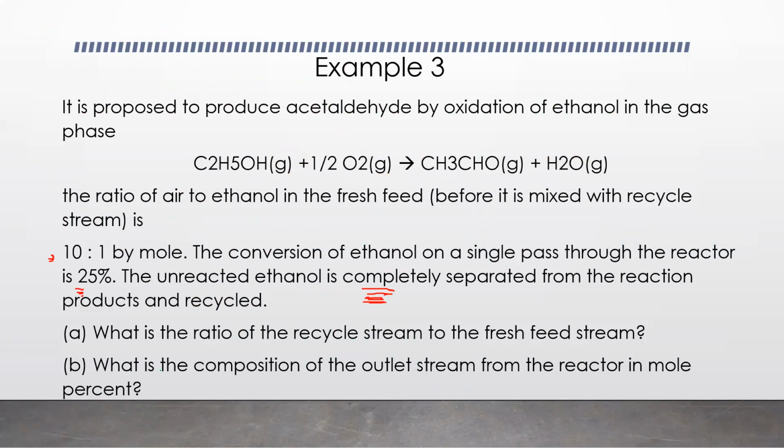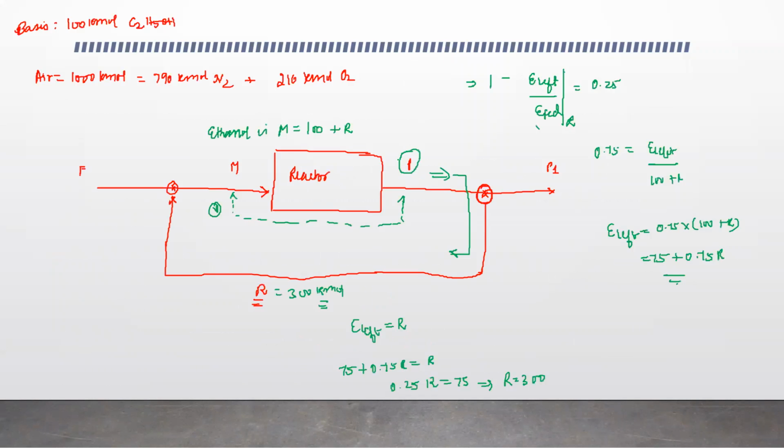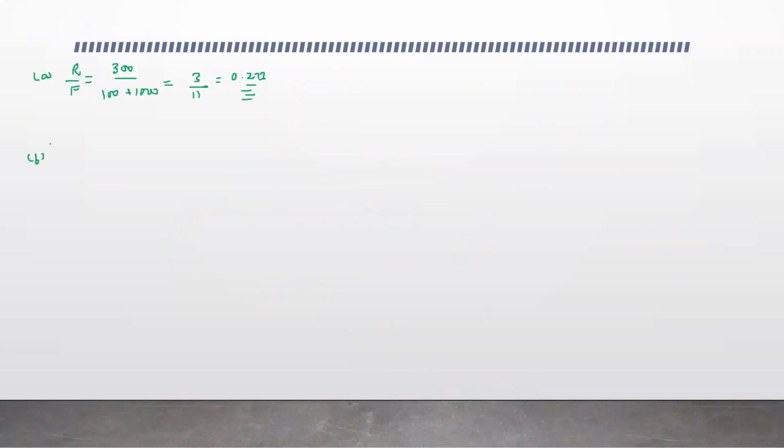Then in the B part, they have asked what is the composition of the outlet stream from the reactor. That means we have to find the composition of P. Since we have R, we know that ethanol left is 75 plus 0.75 into 300, which is equal to 300. So that is the ethanol that is left.